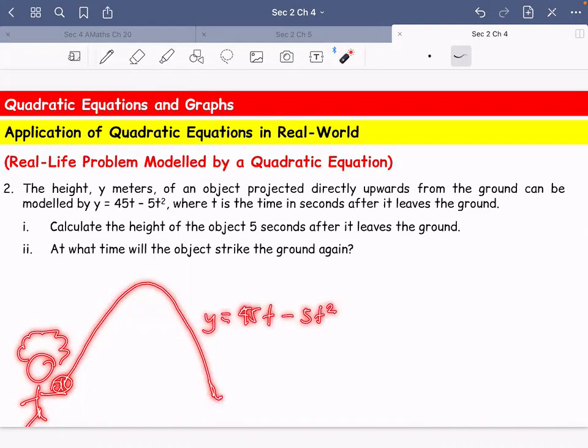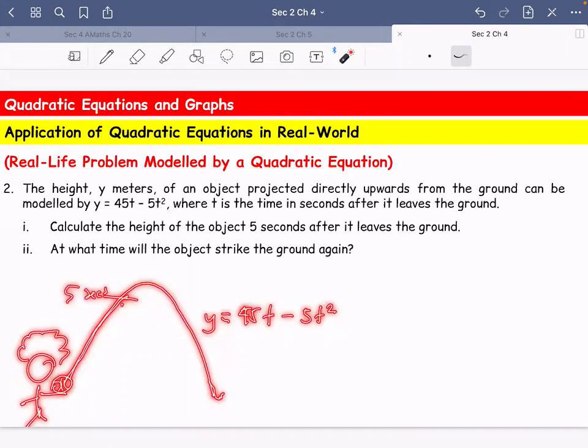Okay. So basically, the first question here is what is the height of the object after 5 seconds? So when Edgar throws the basketball, let's say 5 seconds is here. This is 5 seconds. So what's the height of the ball here?